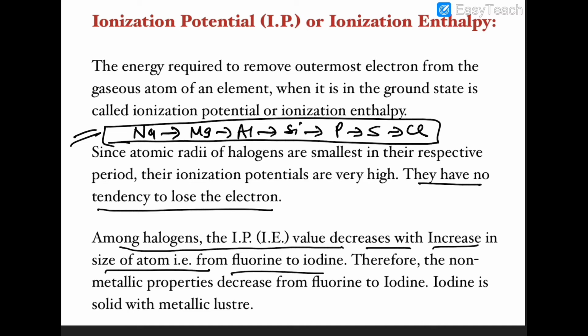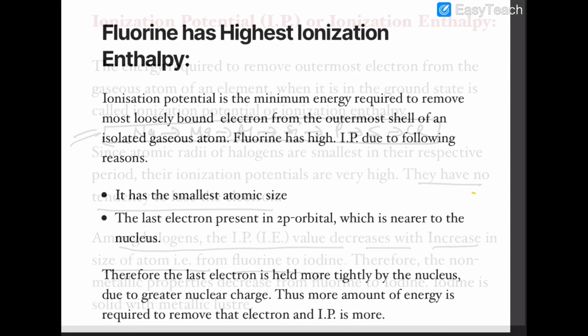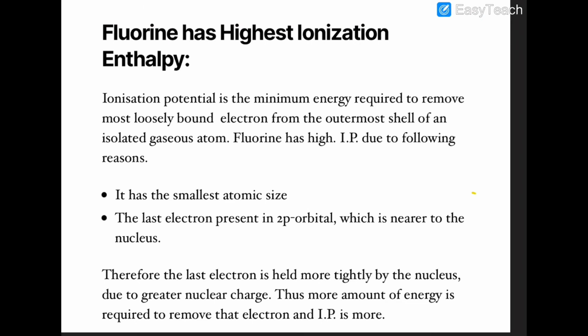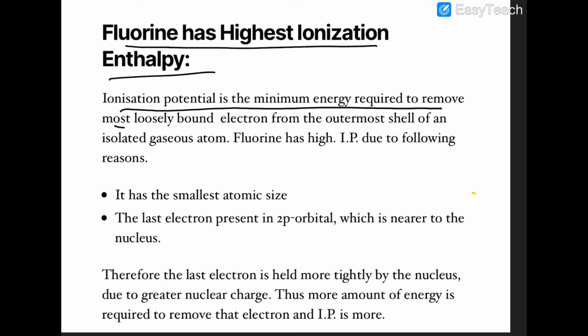That is the case not only in halogens, in all the cases you observe that. Now fluorine has the highest ionization enthalpy. The ionization potential is the minimum energy required to remove the most loosely bound electron from the isolated atom.